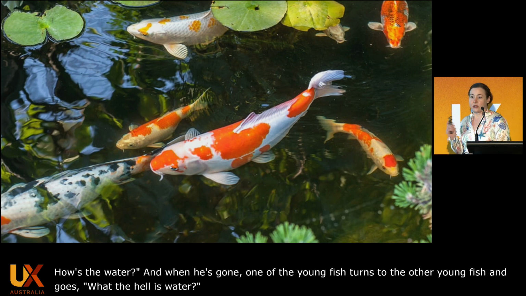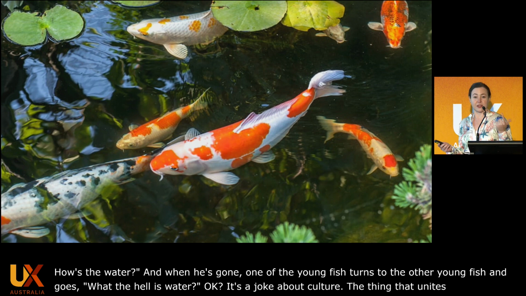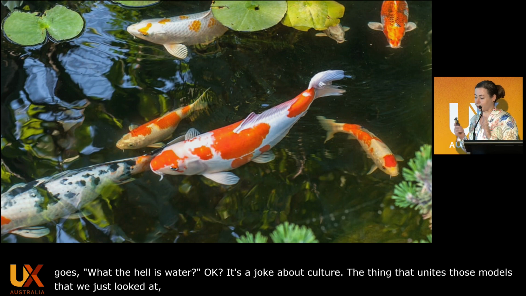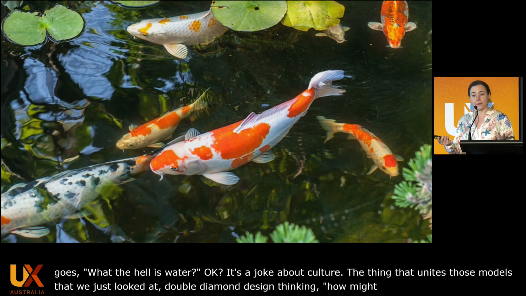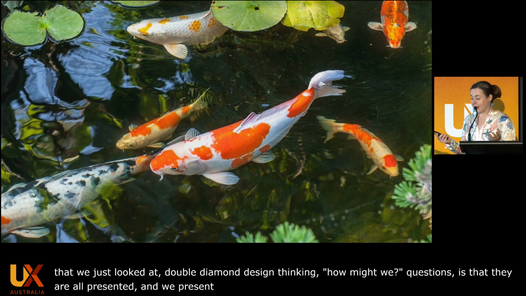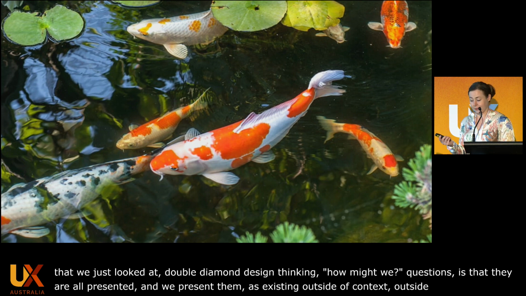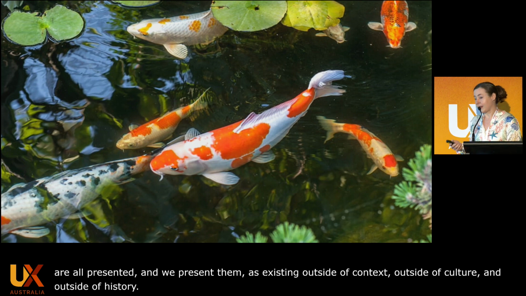The thing that unites those models that we just looked at, double diamond, design thinking, how might we questions, is that they are all presented, and we present them, as existing outside of context, outside of culture, and outside of history. So, okay, let's have a look at this water.